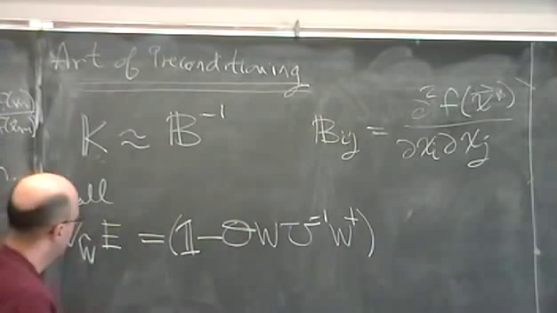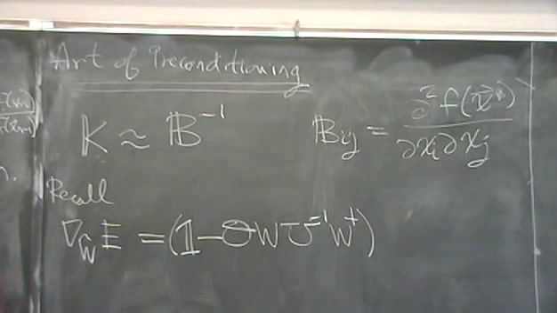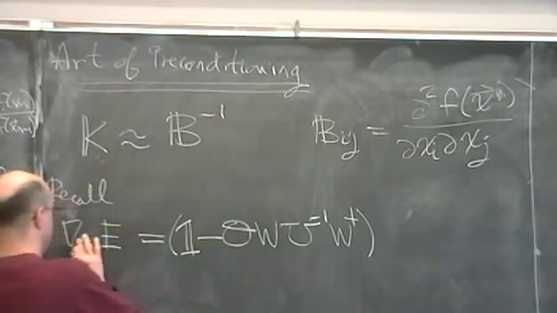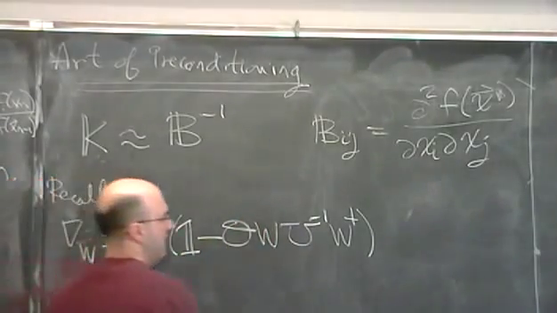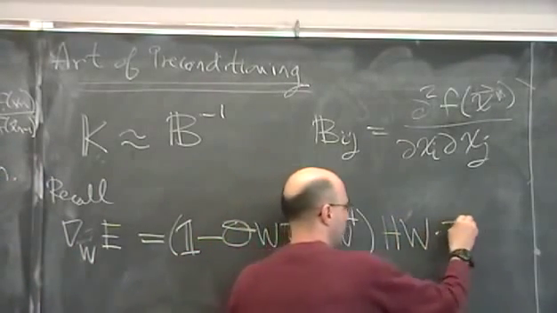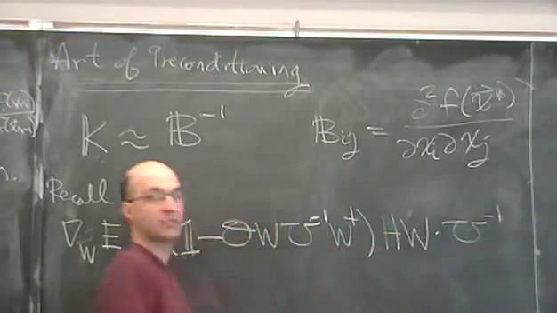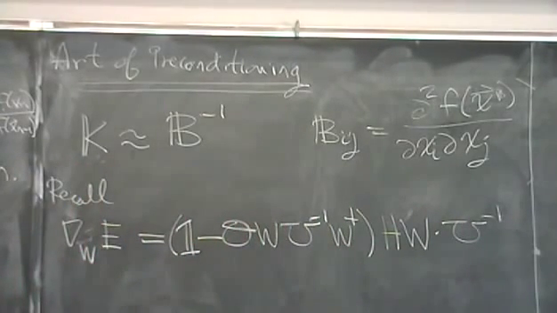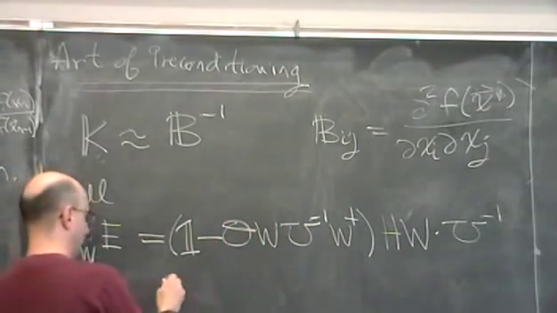I had been writing it as W hats everywhere, but there's going to be a lot of writing, so I'll skip the hats on the W. Then that applies to the Hamiltonian acting on W, and then there was some final normalization. That's how I remember it.